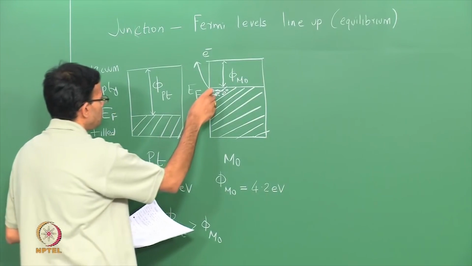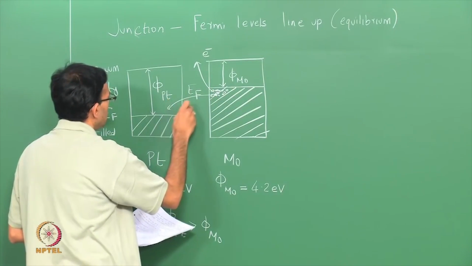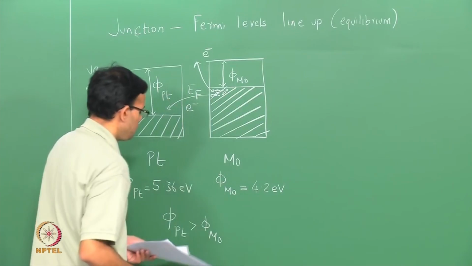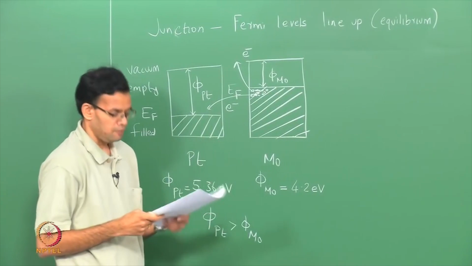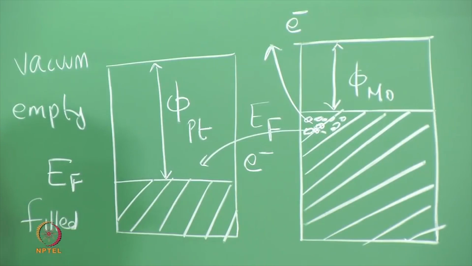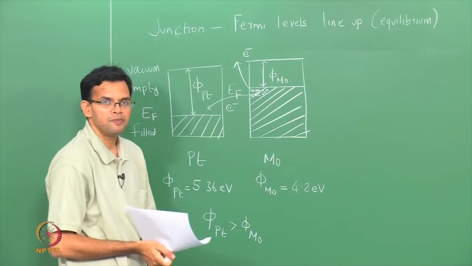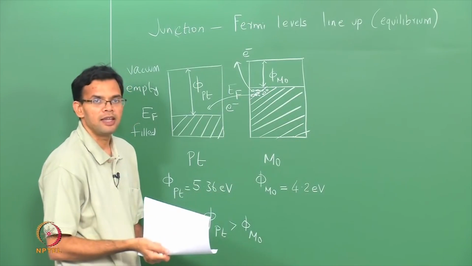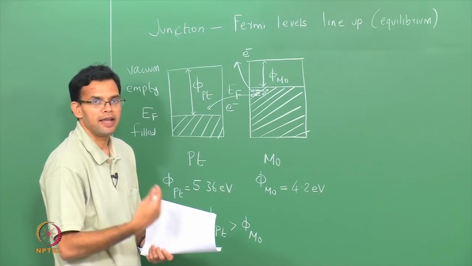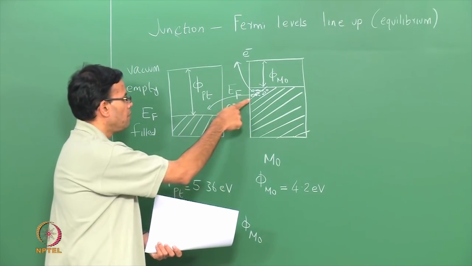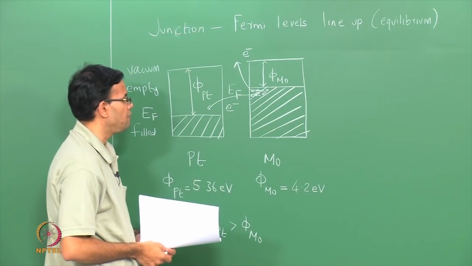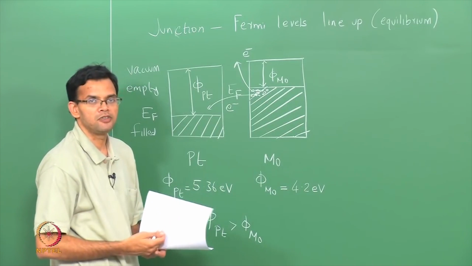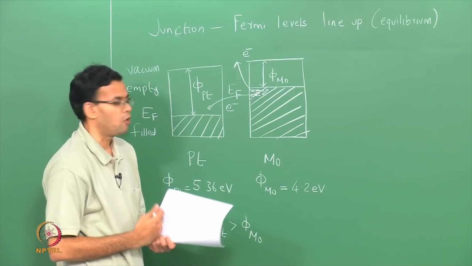So, when a junction is formed, electrons from molybdenum with the lower work function can move into platinum. So, when this happens, there will be a net positive charge on molybdenum, and because it is losing electrons, there will be a net negative charge on platinum because it is gaining electrons, which means an electric field will be set up when a junction is formed between platinum and moly.